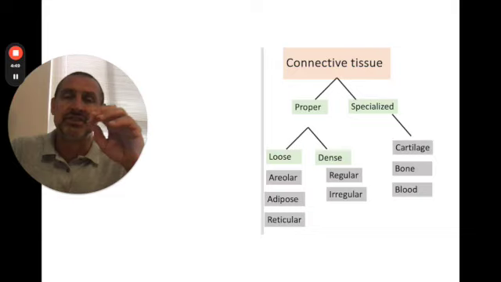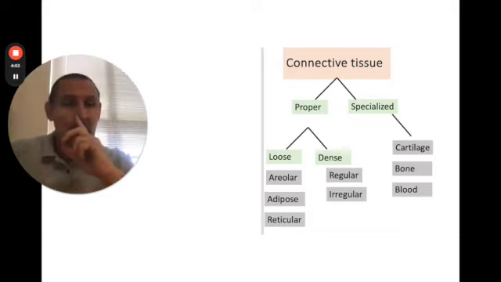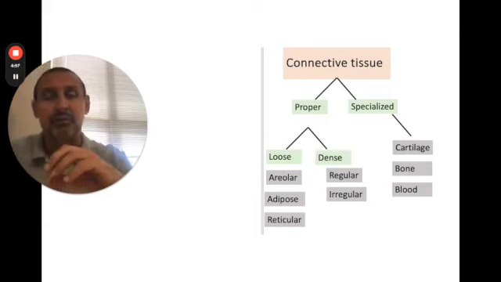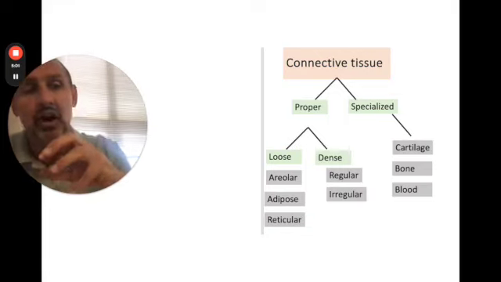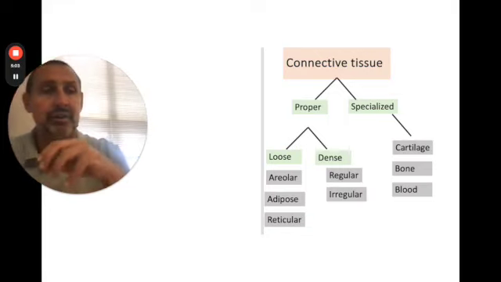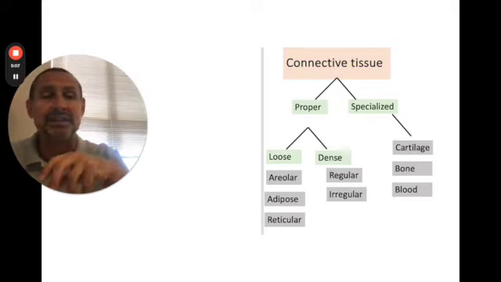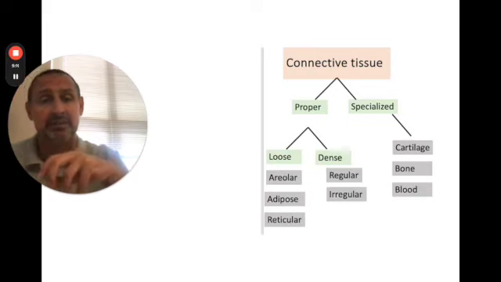So adipose tissue that stores a lot of fat is fairly loose. Reticular tissue is also fairly loose. We would find, like, lymphatic fluid and your liver and your spleen have some loose reticular tissue. Areolar is what would just fill kind of random spaces in your body. So a lot of your body is filled with that loose areolar connective tissue.